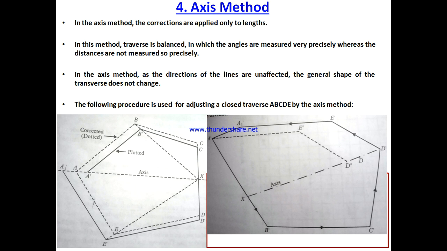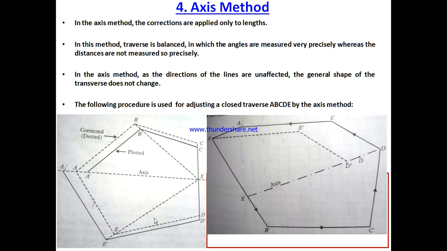Now suppose you have determined this particular value A, and you have joined it by drawing an axis which passes through A1 dash, A dash, X. In this particular case it is dividing the traverse into two equal parts.